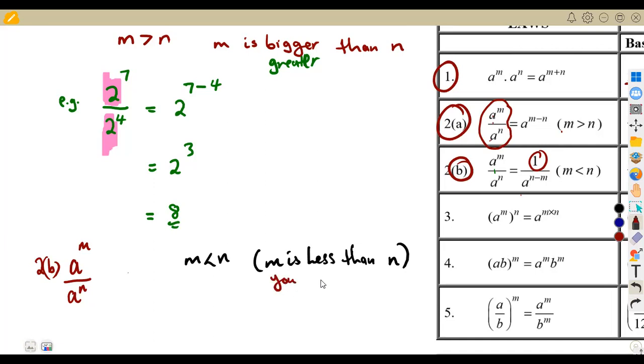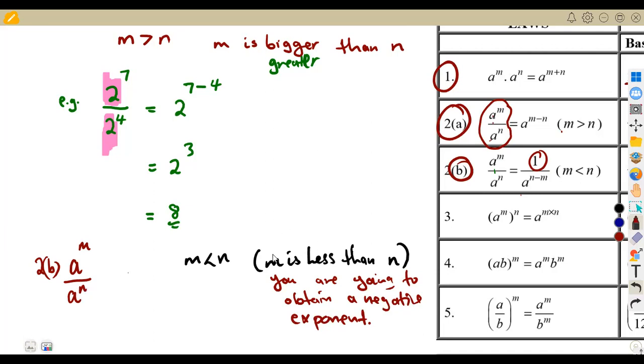So you are going to obtain a negative exponent, since you are subtracting a bigger number, because n is a bigger number.